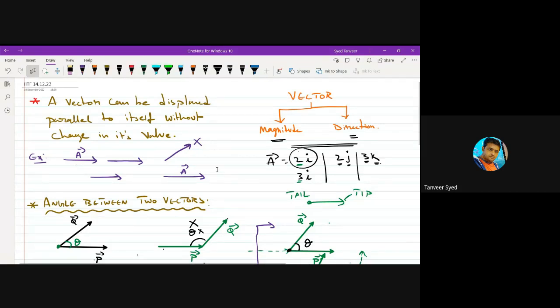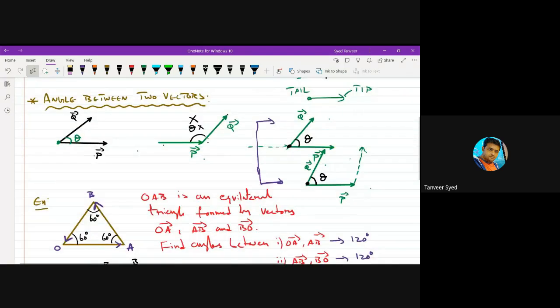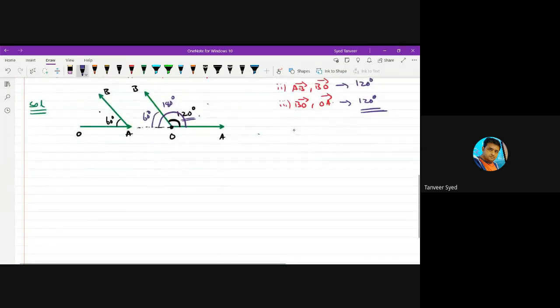Next, two important points. A vector can be displaced parallel to itself and that displacement does not change its value. And to write angle between two vectors, you should always see that they are connected tail to tail. This is the important point.